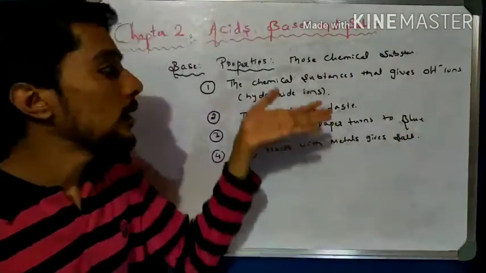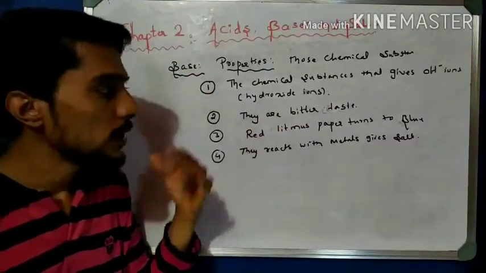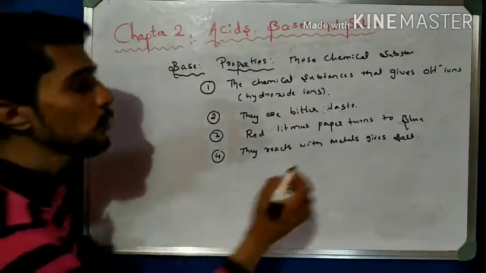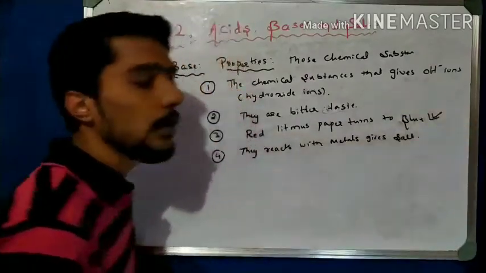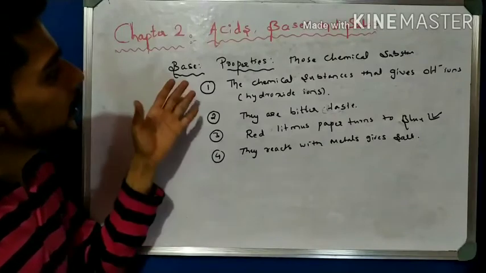So these are the definition and the properties of bases. This is very important, you have to remember this. This litmus paper test is very important, so please put this in your notebook.